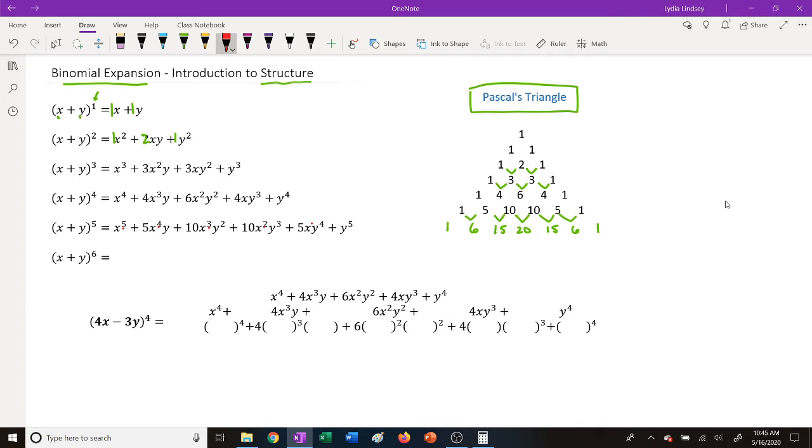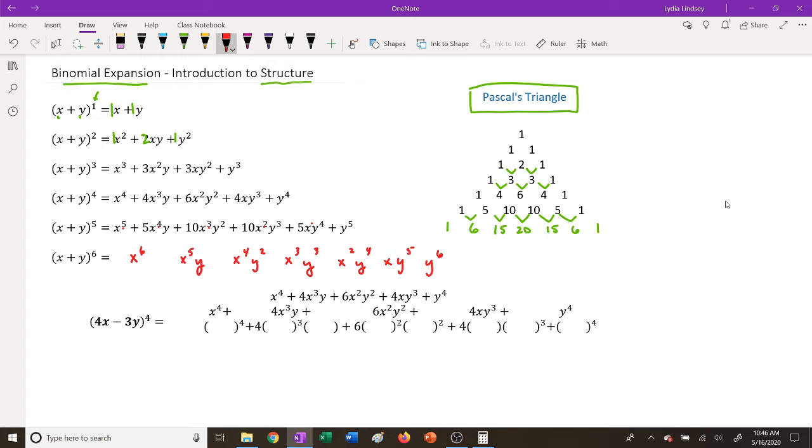So I can start off by putting my variables in. So I'll have x to the 6. There's no y, that'd be y to the 0. And then I would have x to the 5, and I would give a y, x to the 4, y squared, x cubed, y cubed, x squared, y to the 4th, x to the 1, essentially, y to the 5th, and y to the 6.